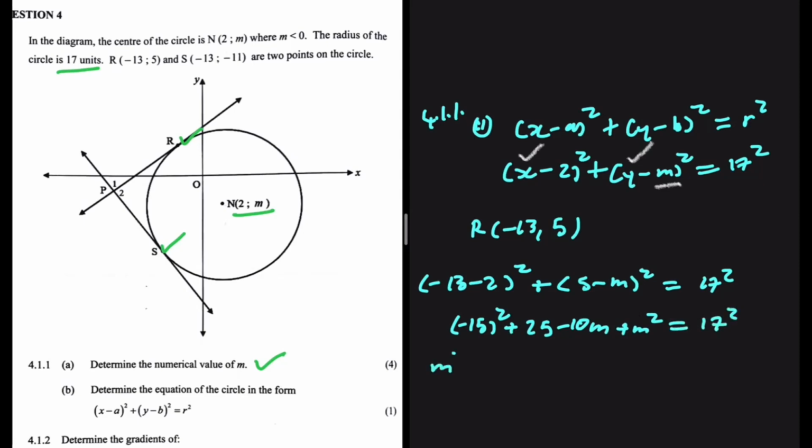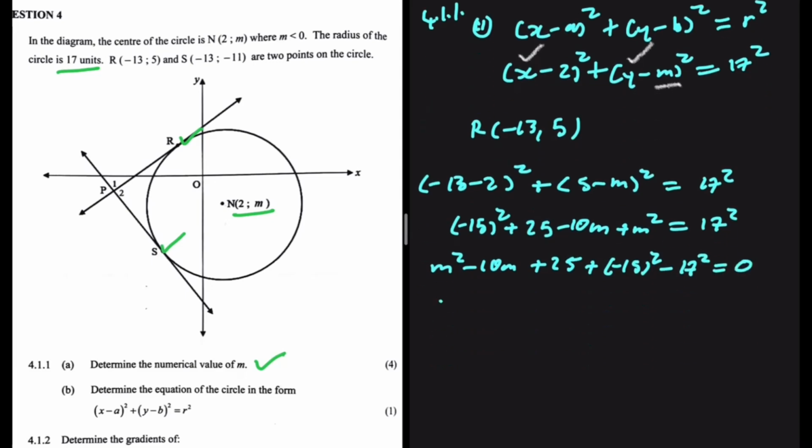So we're going to have m squared minus 10m plus 25 plus minus 15 squared minus 17 squared being equal to 0. So we're going to have m squared minus 10m minus 39 being equal to 0.